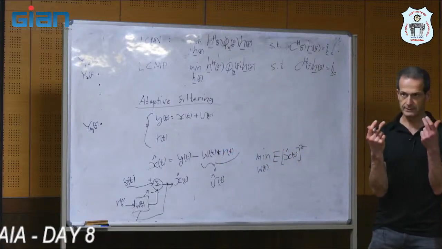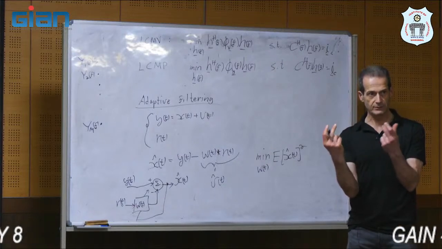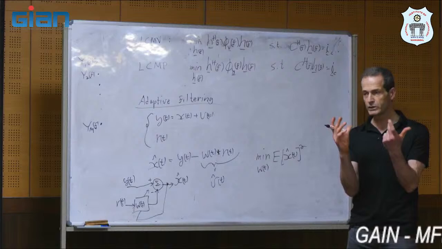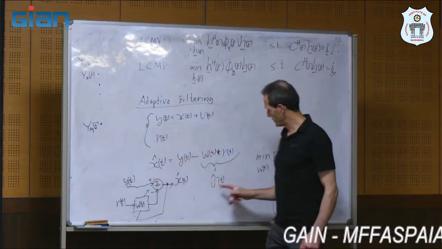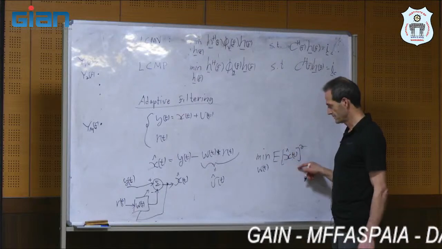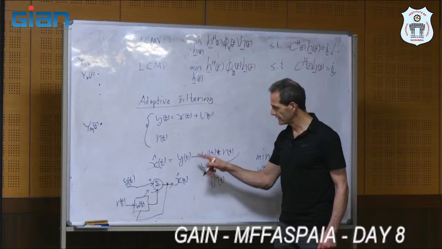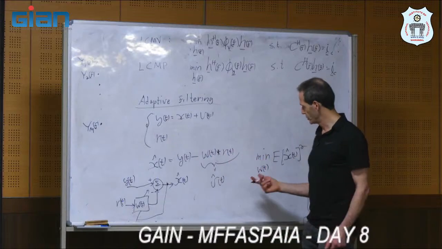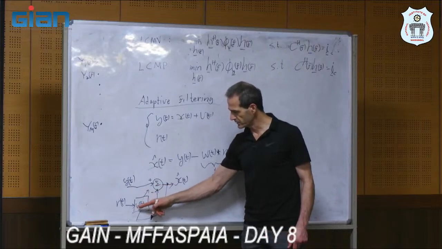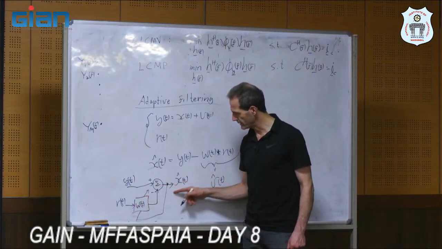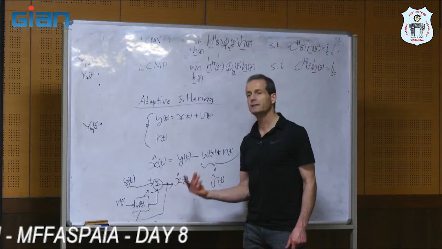One component is the filtered desired signal, and one component is the residual noise. So if we try to minimize the power of this, and the reference is uncorrelated with the desired signal, it means that the only way to find a filter that will minimize the power here is by minimizing only the residual noise.